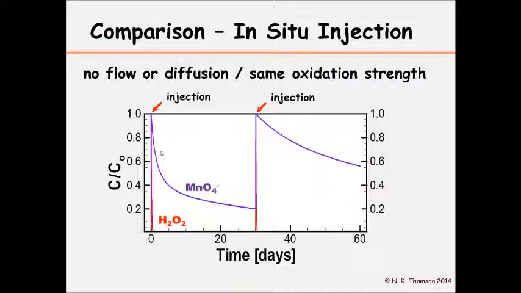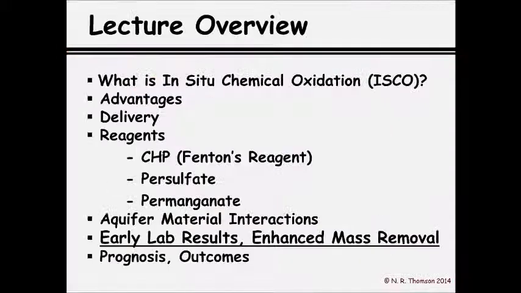So some of the interactions now are lessened because that aquifer material has already seen that oxidant. And for persulfate, it behaves, as I said, in a very similar fashion to peroxide, and the behavior remains unchanged between injection episodes. So that concludes this segment on aquifer material interactions.